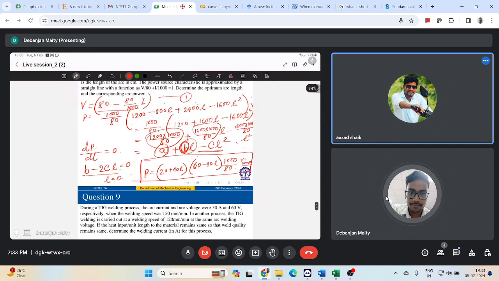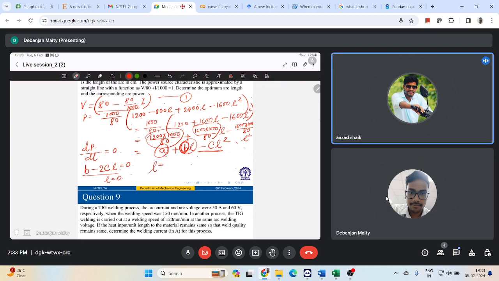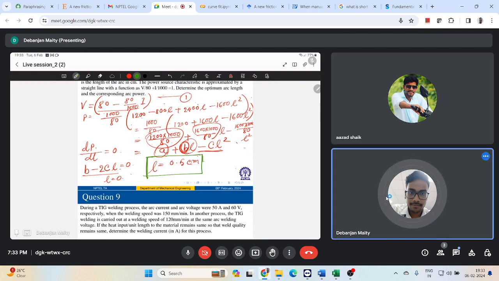So you can do some exercise over here. Your L should come around 0.5 cm. Whenever you get the arc length value, you put that in this power value to get the arc power.